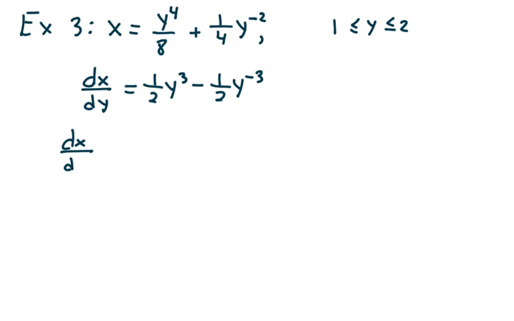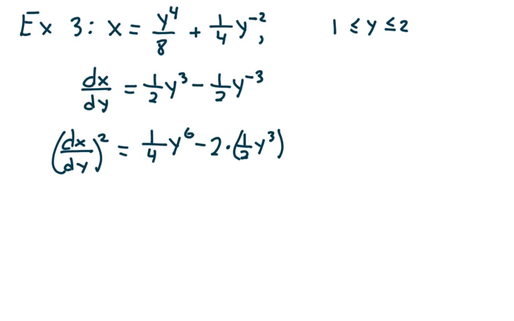Now, if I take dx dy and I want to square it, well, what ends up happening is I'm going to take and square 1/2 y cubed, which is 1/4 y to the 6th, minus 2 times 1/2 y to the 3rd times 1/2 y to the negative 3.